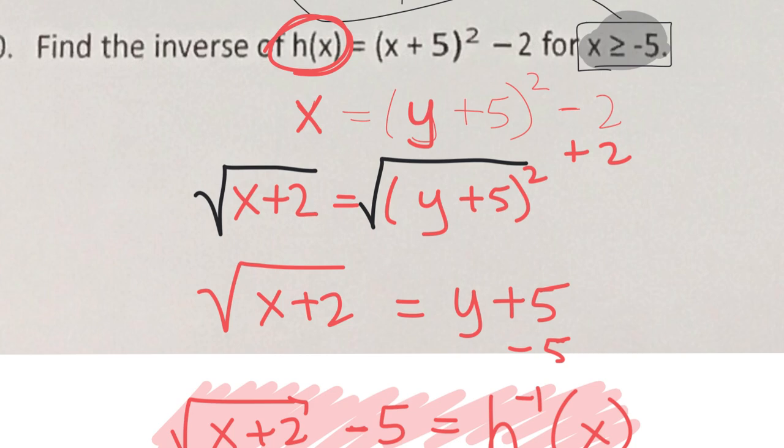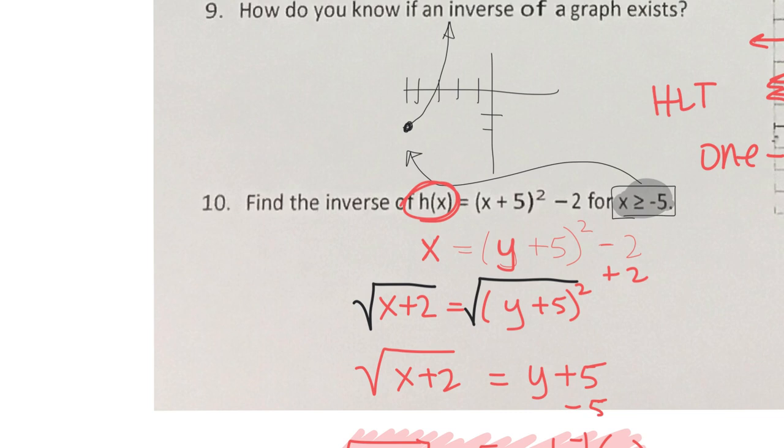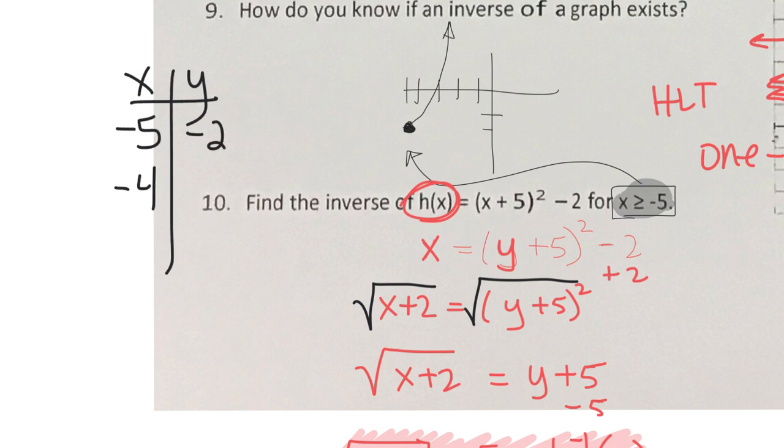So if we were going to sketch a graph of this, right? If we were going to sketch a graph, we would come up here to our original function and we would make some points, right? Some x's and some y's. We know that at -5, the y value is -2. We can calculate that at -4, the y value is -1. We can calculate that at -3, the y value is 2, because these are some points that we can have for your function, right?